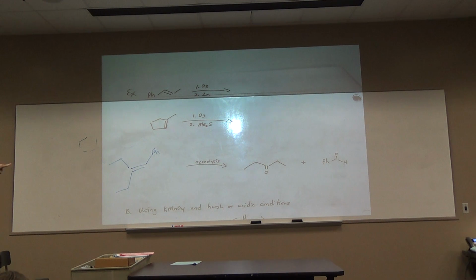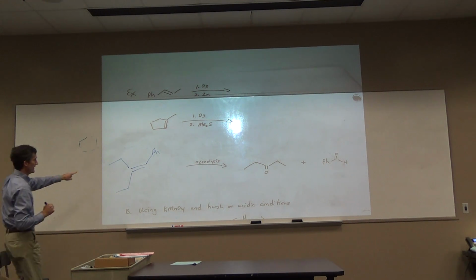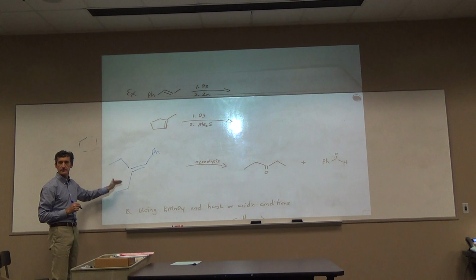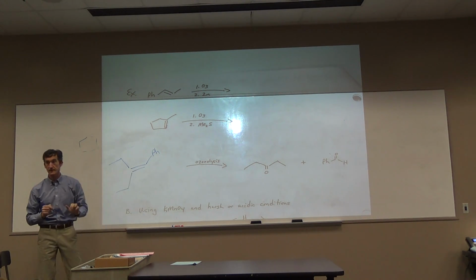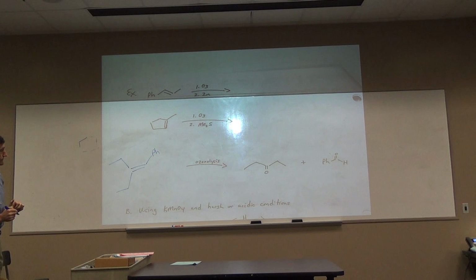How we doing? Do we have to worry about any stereochemistry over here? Is this alkene stereogenic? No, it's not. So it doesn't matter. I could have drawn the phenyl down to the same thing. Regardless of that, would it have mattered? If the alkene was stereogenic, should we have drawn it in E or Z?